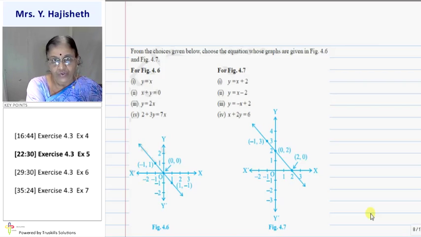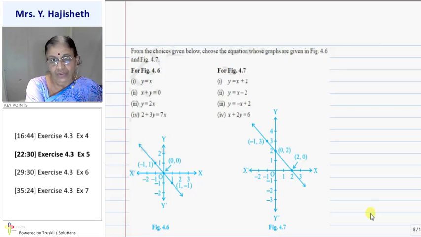Right? (2, 0) satisfies equation number 3 also. Okay? And (2, 0) does not satisfy the 4th. So my equation can be the second or third. If I consider only (2, 0) as a solution, then (2, 0) is a solution of equations number 2 and 3. But (0, 2) is only a solution of the second, y is x minus 2. This equation, this (0, 2) satisfied, no, it won't satisfy.